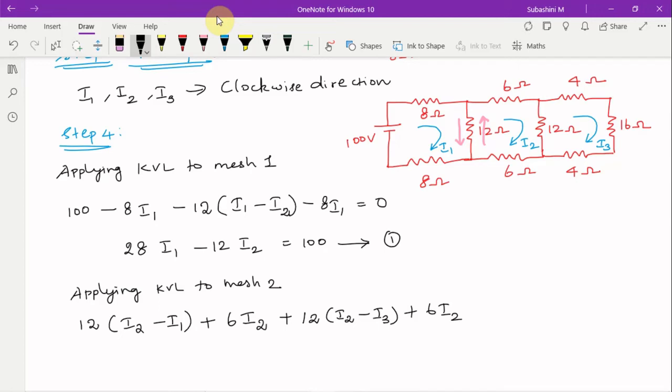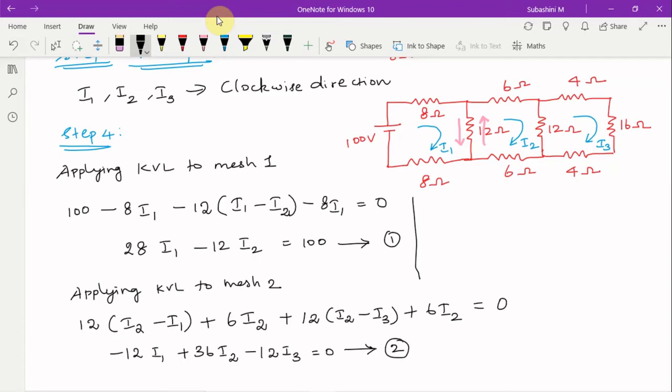All these are going to be the voltage drop, therefore no voltage rise is there, so it is equal to 0. When I reduce this, I will be getting minus 12 I1 plus 36 I2 minus 12 I3 is equal to 0. This is going to be my second equation.